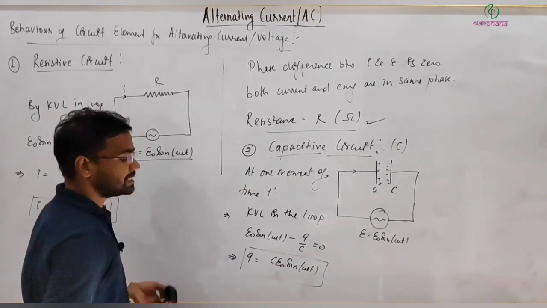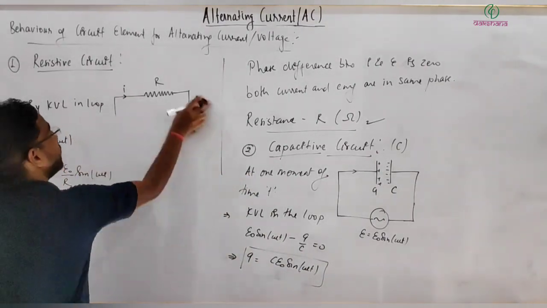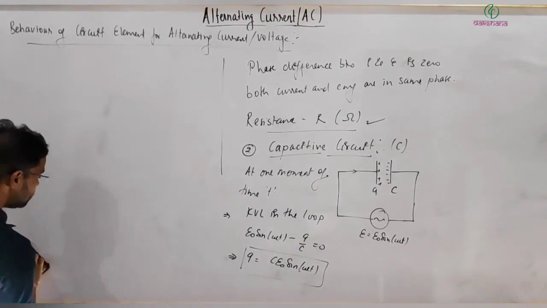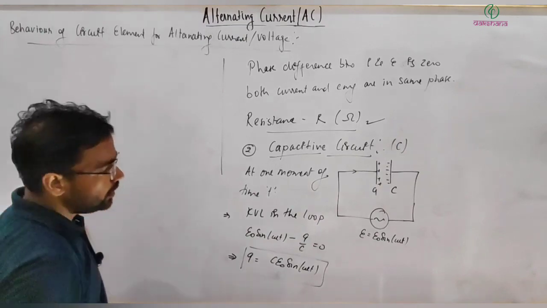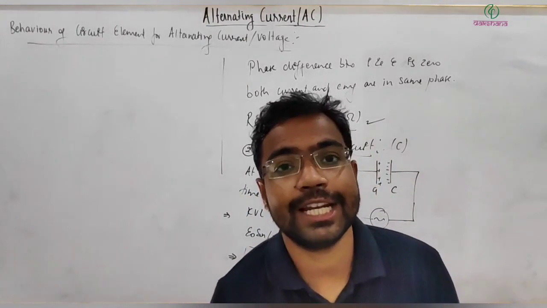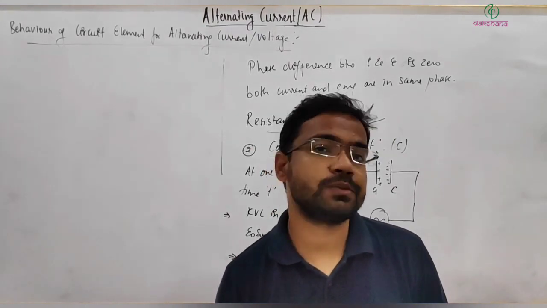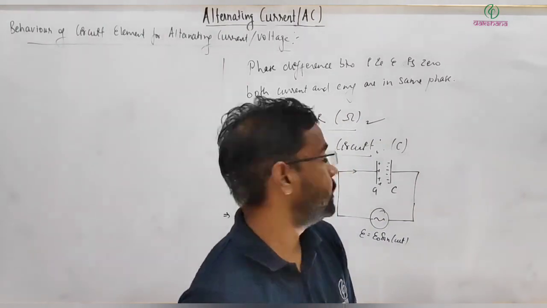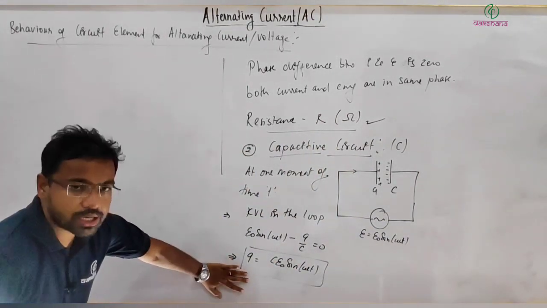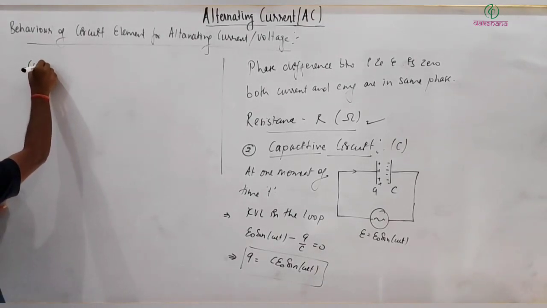So here you can see the charge is also oscillating. And one more thing: we know that for a direct current a capacitor completely blocks it. And for direct current, what can I say its frequency is equal to? Zero, is it?